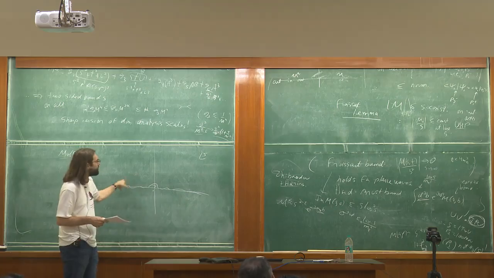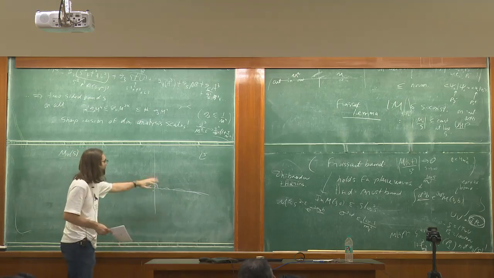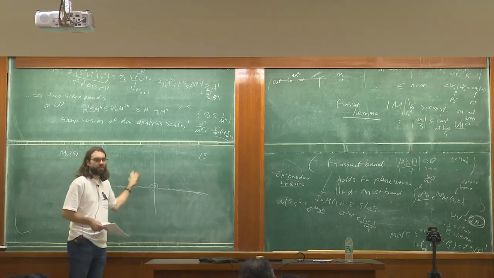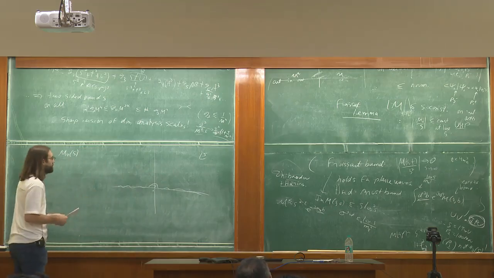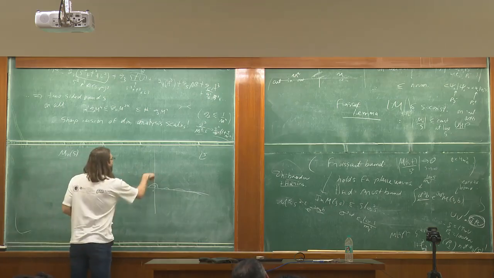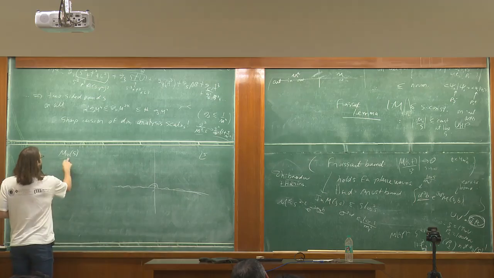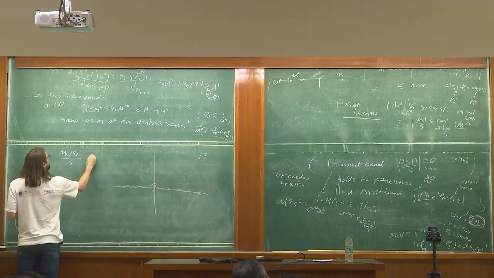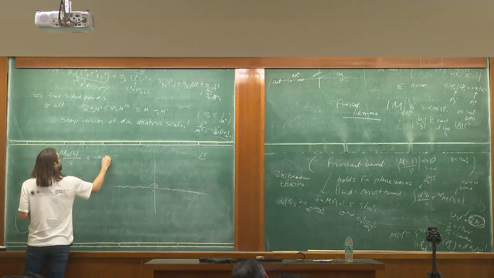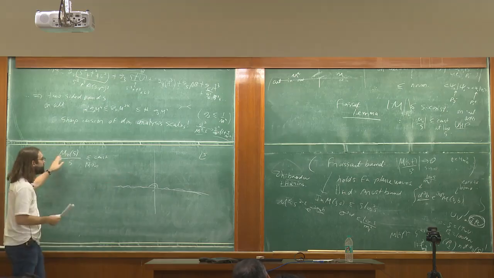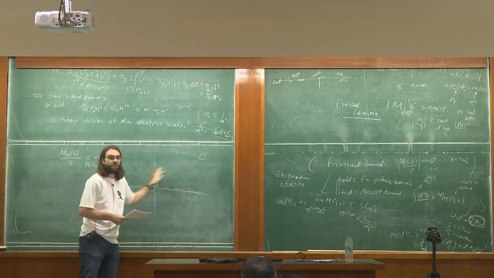But let me comment briefly for the benefit of everyone on how this relates to the bound on chaos and all these things. So the idea is the following. Now that we explained that this vanishes, where S is bounded like a constant as S goes to infinity, we can use this to write down some dispersion relation.